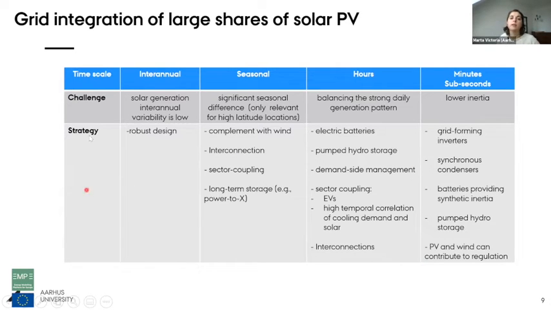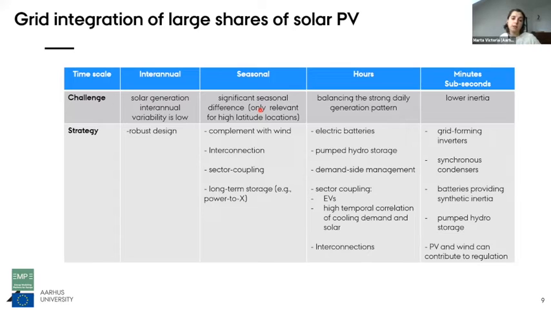I have included here different challenges at different timescales, from interannual to minutes and subseconds. For the sake of time, I won't go into all the details. This has been one of the things discussed during this conference, but I want to particularly reflect on this challenge of seasonal variation, so having a higher generation in summer than in winter.